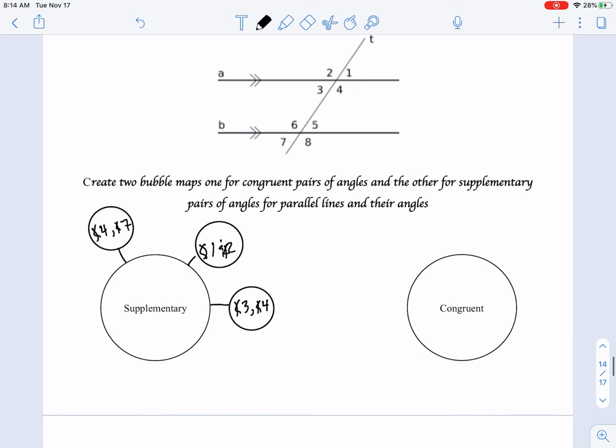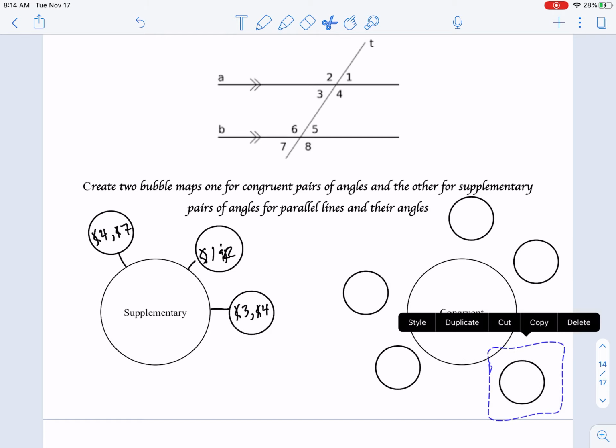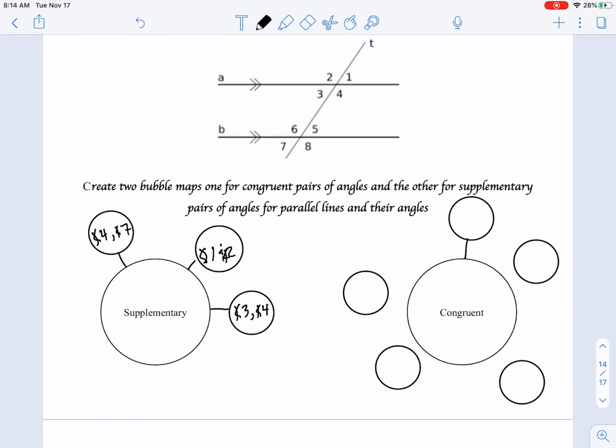Congruent, on the other hand, we want angles that are either both obtuse or both acute. So I'll post a handful of these. So angle 2 is obtuse, so a vertical angle to 2 would be 4. And we know vertical angles are congruent.